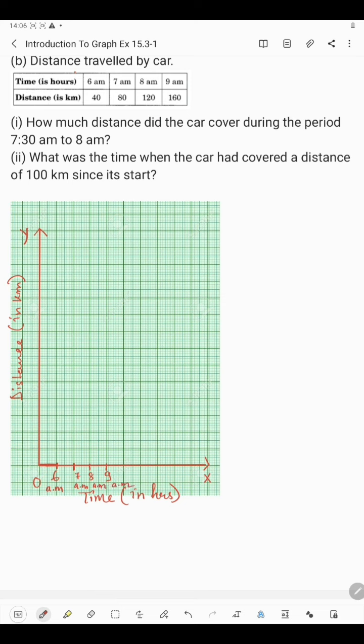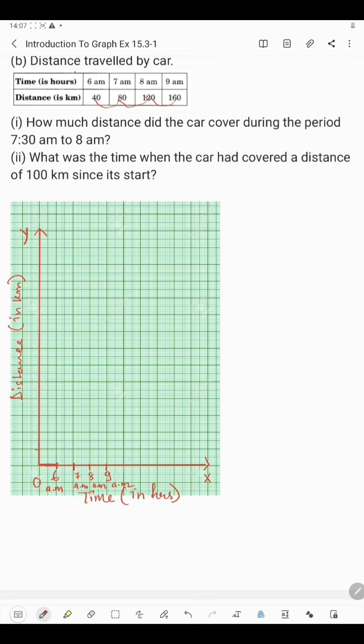Now here the distance is given in kilometer, and the values are 40, 80, 120, 160. If you see, this is the table of 2. 4 twos are 8, 4 threes are 12, 4 fours are 16. So this is the table of 40. This is the multiple of 40.